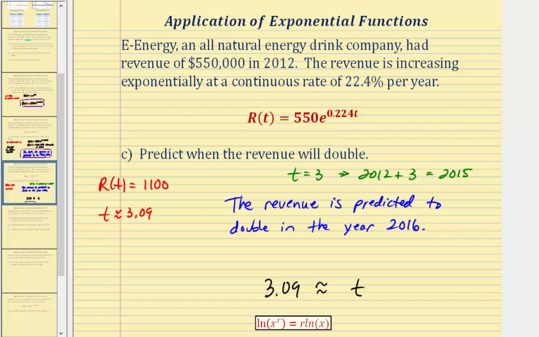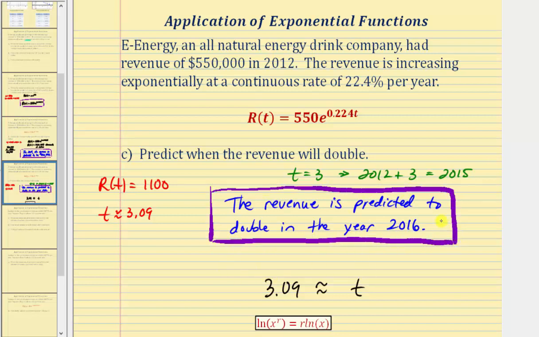This can sometimes be tricky to interpret because some textbooks may just round the value of t to 3 and say it's actually going to be in the year 2015. But again, it's important to recognize that any value of t represents the end of that year, and therefore if it's a little bit larger than a given value of t, it would be in the following year. Of course, it'd be toward the beginning of 2016, but it would be in the year 2016.